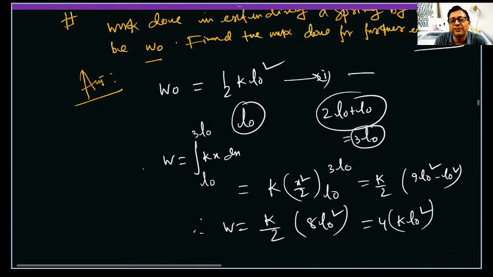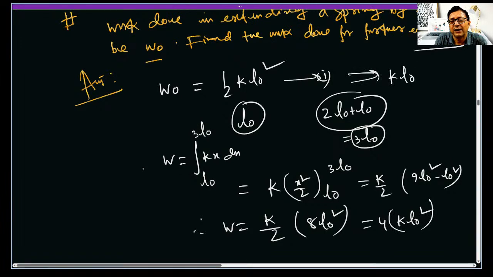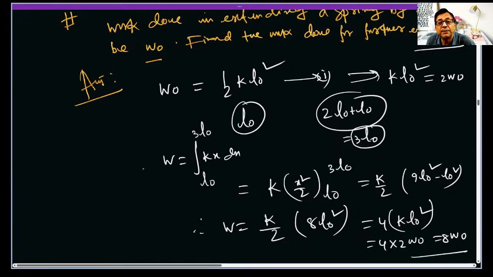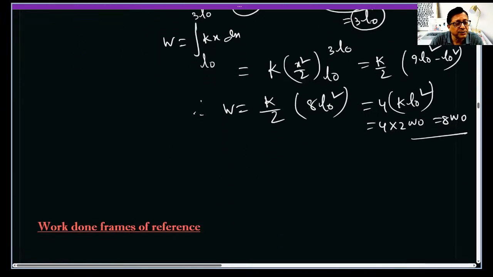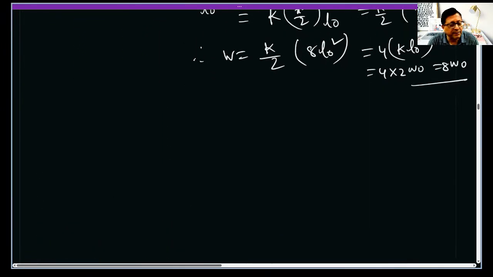What is K L0 square from here? With W0 known, it is 2W0. You substitute 4 into 2W0, that is 8W0. This is the power of mathematical technique applied to physics when you are calculating work done in such a situation.